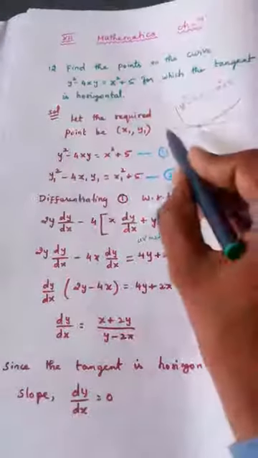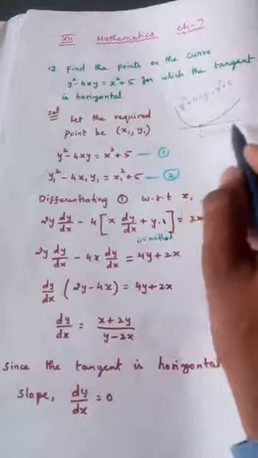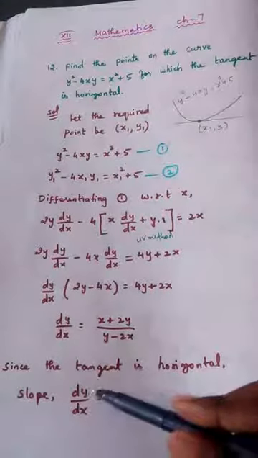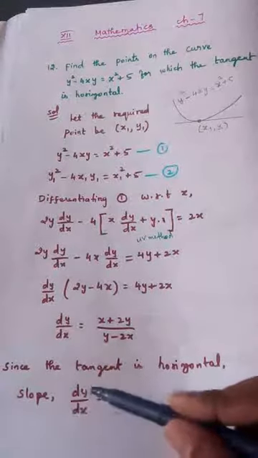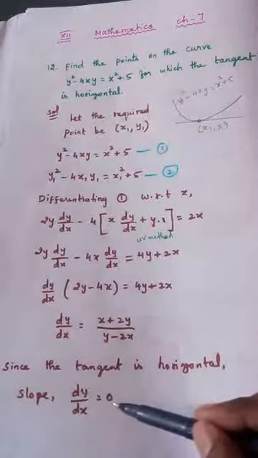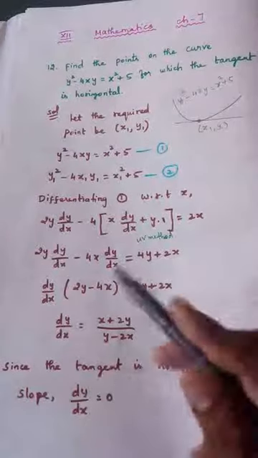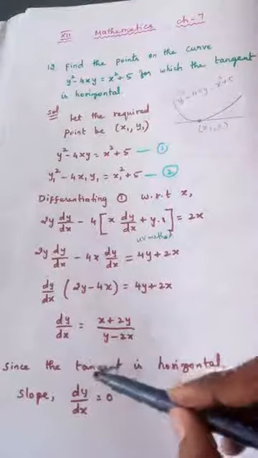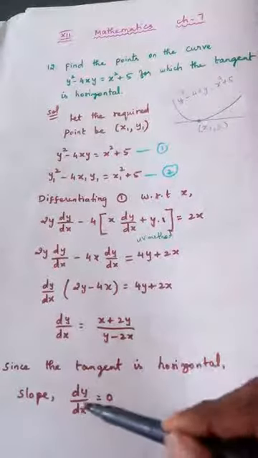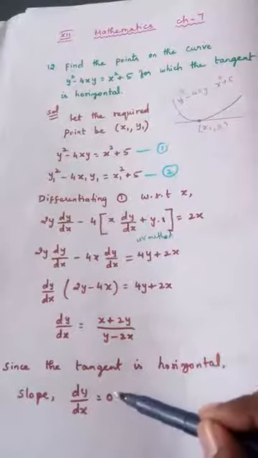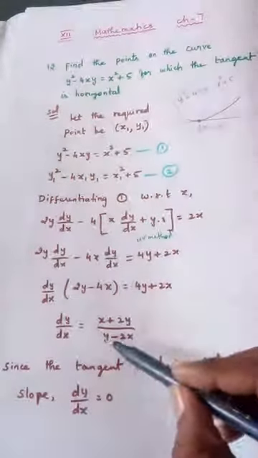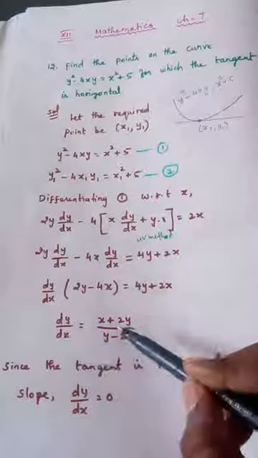Since here the line has to be horizontal, that is our condition, we are taking the slope as 0. So dy by dx is written as 0. Actually what is dy by dx? We found out here. Since the tangent is horizontal, the slope must be 0. So I am going to substitute what? I am going to take this as 0 because dy by dx value is this.